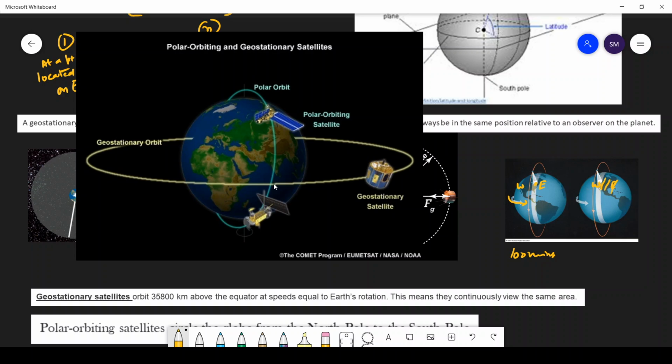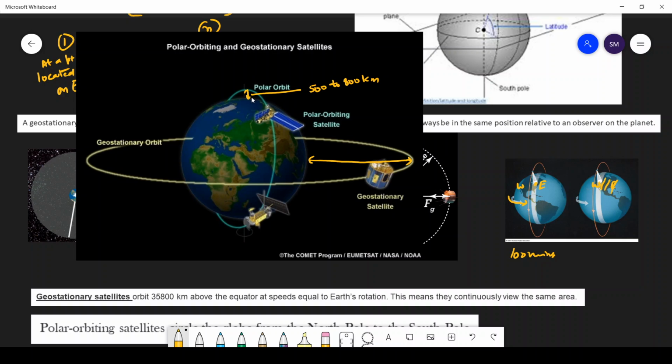Now the second difference, look at this polar orbit. This is a smaller one. You can see it is very near to the earth. Yes, can you see this thing? So polar satellites have low altitude, only around 500 to 800 kilometer. This is the height from the surface of earth.